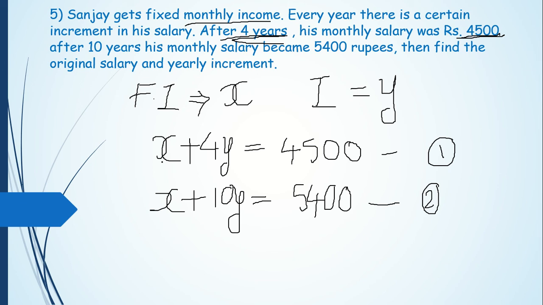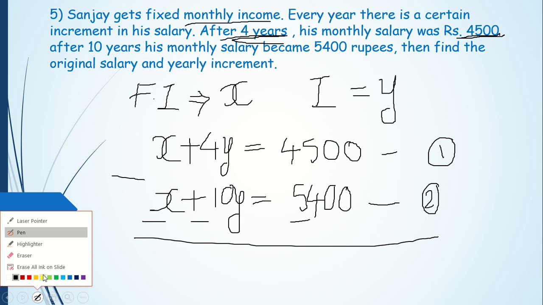From here you can see that eliminating x is easy. If we subtract, the signs will change. But it's better to subtract equation number 1 from 2, because here the numbers are bigger.